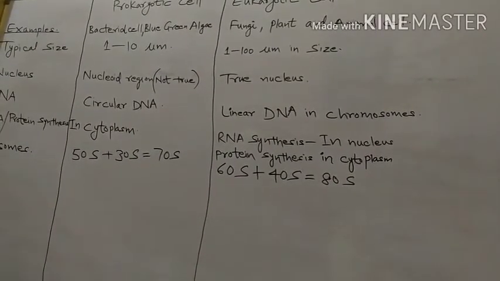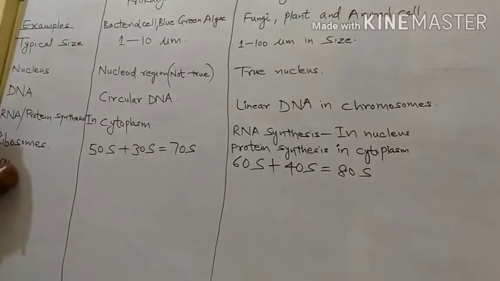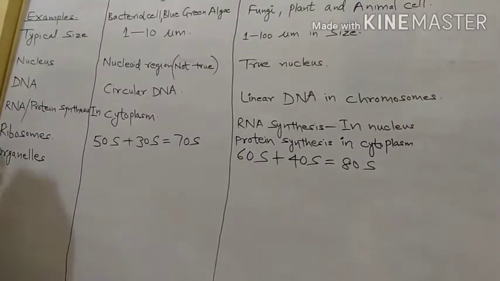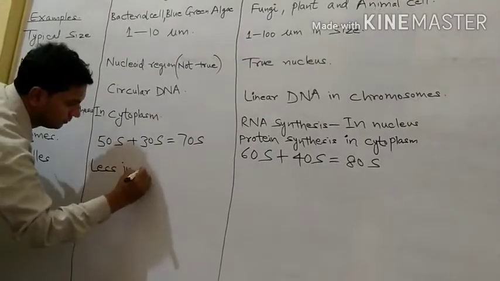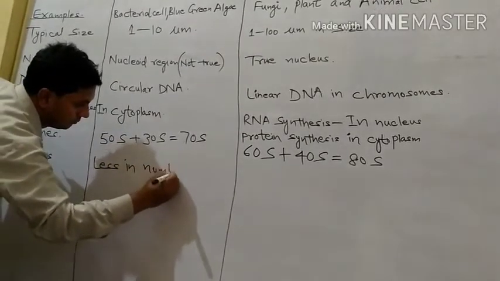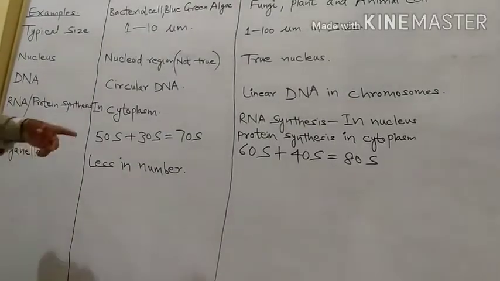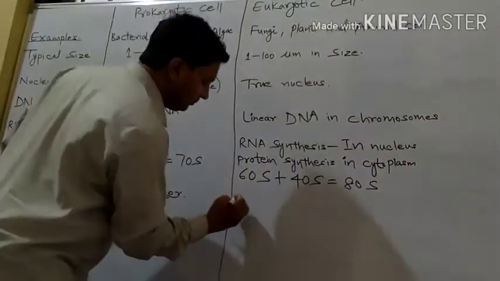Cytoplasmic structures, the organelles. Organelles are less in number in prokaryotic cells, and in eukaryotic cells they are more in number.